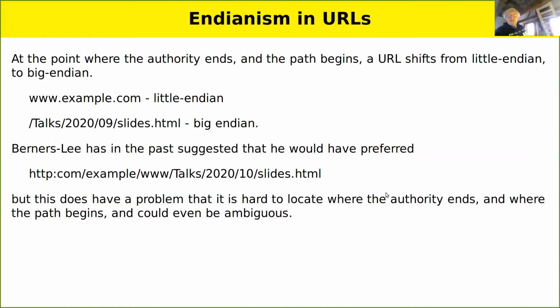Berners-Lee has pointed out in the past that he would actually have preferred to have had the authority part Big Endian, and he gives an example where he uses com/example/www. This does have a problem. It's hard to locate where the authority ends and where the path begins. Could even be ambiguous, so it's not entirely good, but the point is well taken.